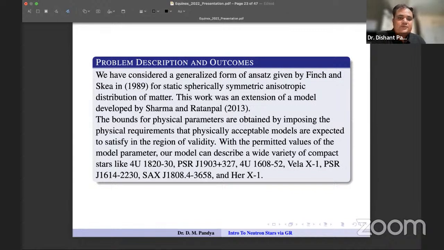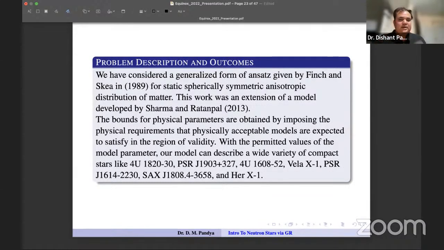For this anisotropic distribution, in 2013 work was carried out by Ratanpal and Sharma. And here what I have done is the extension of the work of Sharma and Ratanpal.